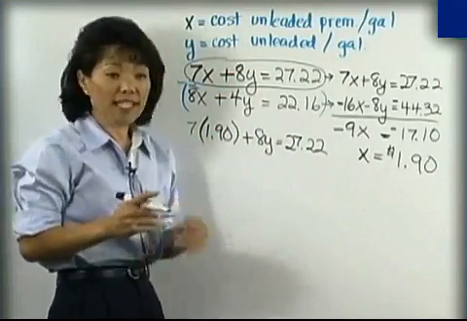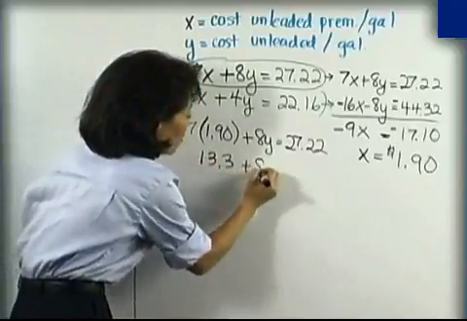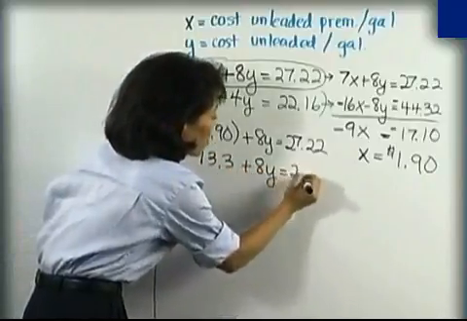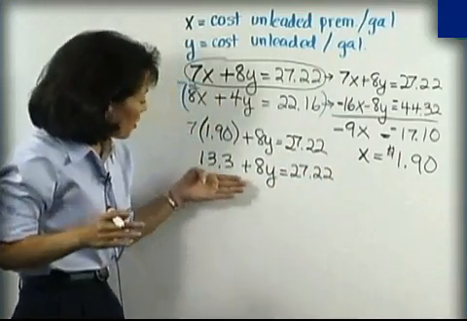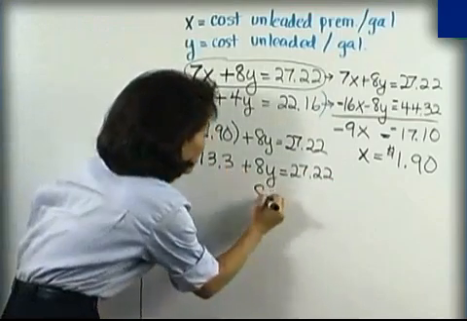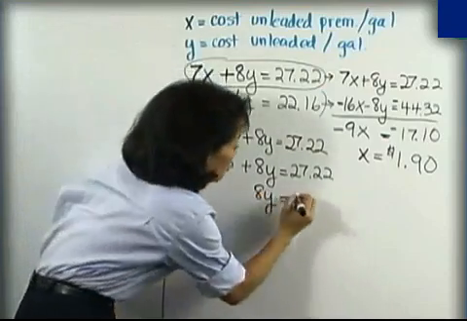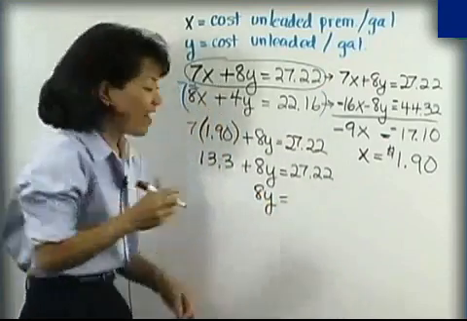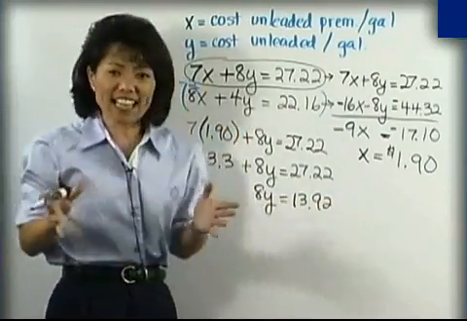7 times 1.90 is 13.3, plus 8y is equal to 27.22. To solve for y, we know we're going to subtract 13.3 from both sides of our equation. So when we do, we get 8y equals 13.92. And how did I get that number?